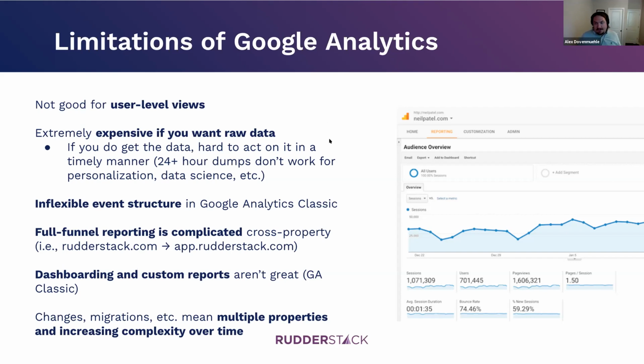If you have to split all this stuff up, you're not going to be able to really get a true grasp of what's going on across these things. On your marketing site, you're going to have things that link to your docs and vice versa. So what's really going on here? Google Analytics isn't going to tell you. That's where RudderStack's going to come in and make it a lot easier for you.